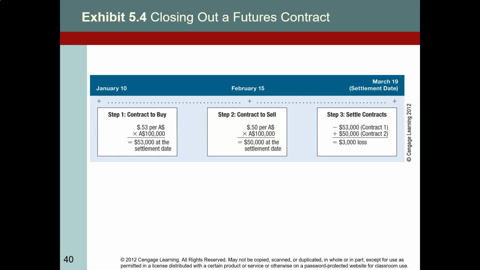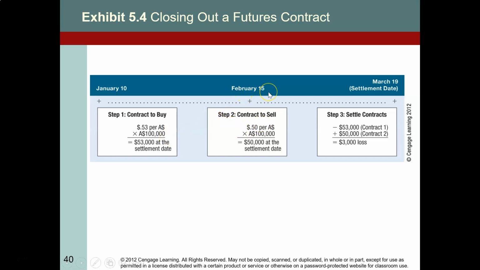For example, on this graph, someone can buy the futures contract on January 10th, okay, and the rate could be $0.53 per Australian dollar, and if the person buys 100,000 Australian dollars, it has to pay $53,000 at the settlement date according to the contract. This is the rate and units defined on the contract.